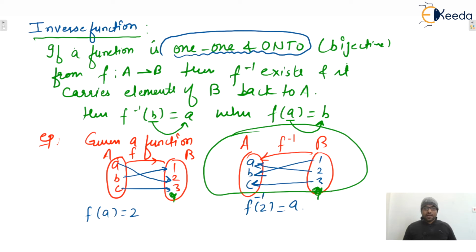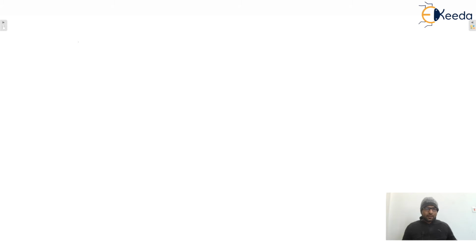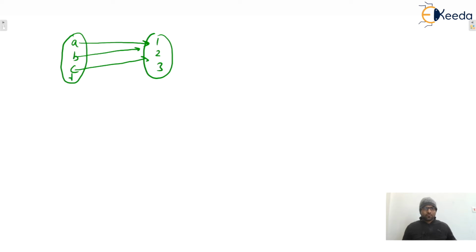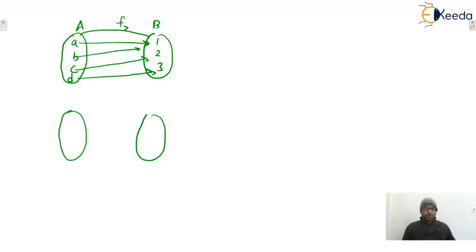And why is it required to be 1 to 1? Let us take one more example. Let's say it is not 1 to 1, with A, B, C mapped to 1 and 3, and let's say this is the function from set A to set B. Now in the inverse function, all transitions will be reversed.